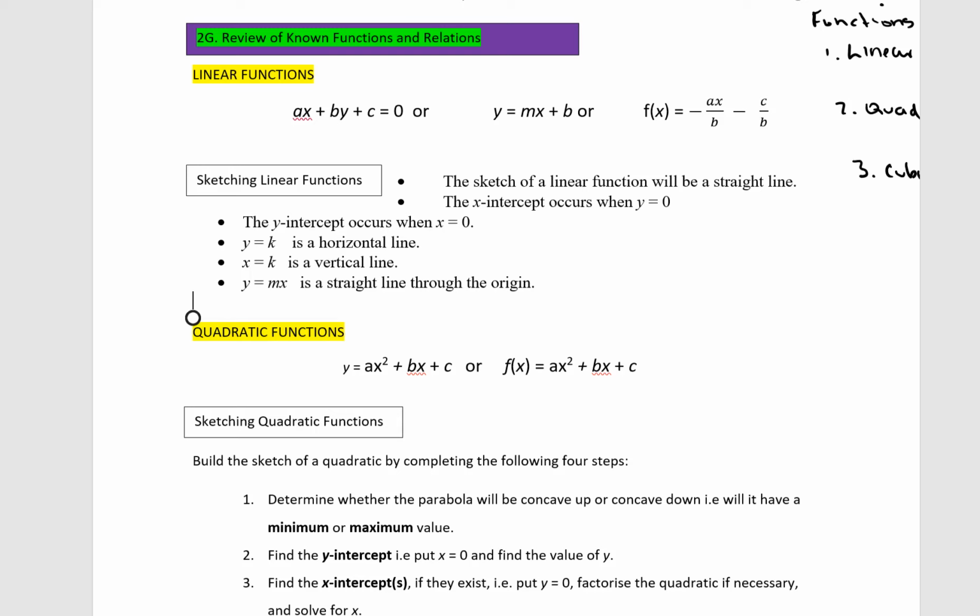It will be if in the past you haven't done a lot of graphing and you certainly are feeling like you're not familiar with the shapes of the graphs for the particular types of functions or relations that we're going to cover. So there are quite a lot.